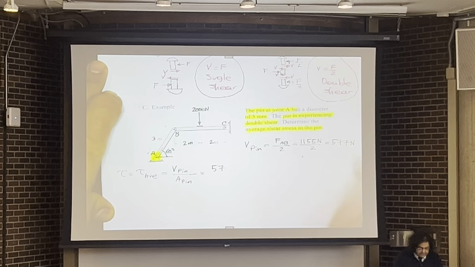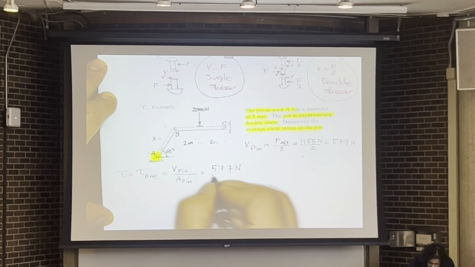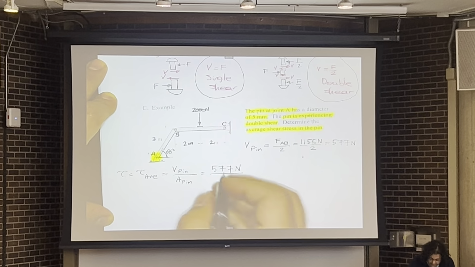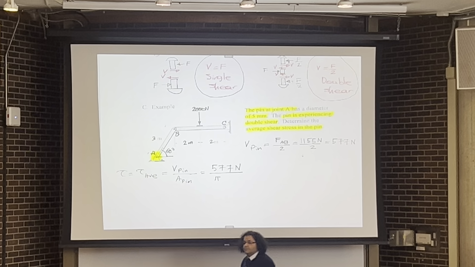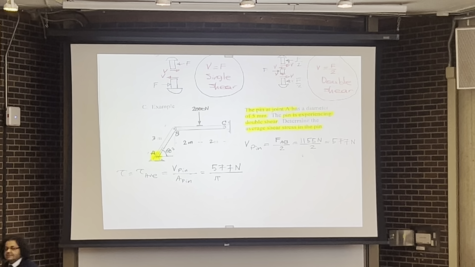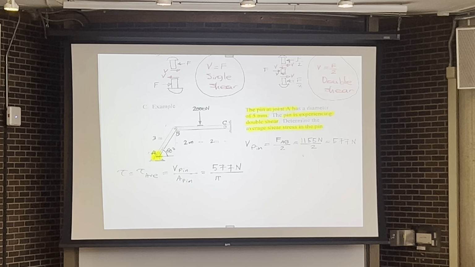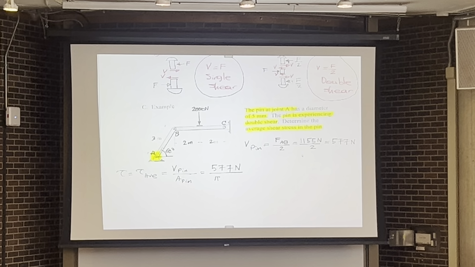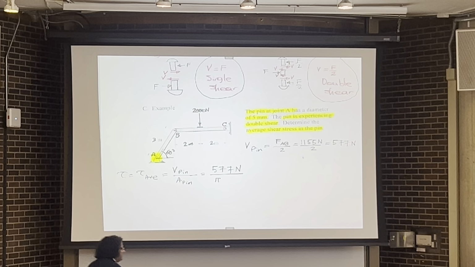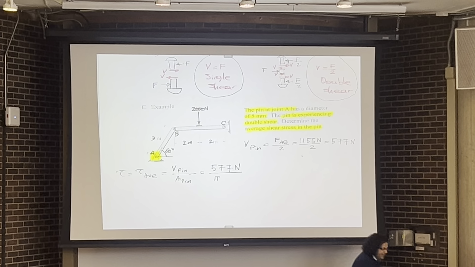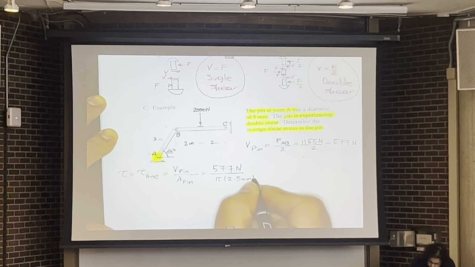So it's going to be 577 Newton divided by the area of the pin. So this time, someone asked me about the pi d squared over 4, right? This time I'm going to use pi r squared. So I'm going to use pi times 2.5, which is the radius of the pin, taken to the power of 2. So it's going to be pi r squared, or pi times 2.5 millimeter squared.